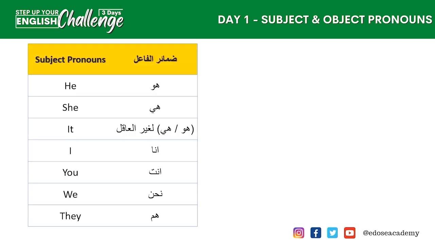Now, there are 7 subject pronouns in English. They are he, which is huwa, she, hiya, it could be both huwa or hiya, I is ana, you is anta, we is nahnu, and they is hum.